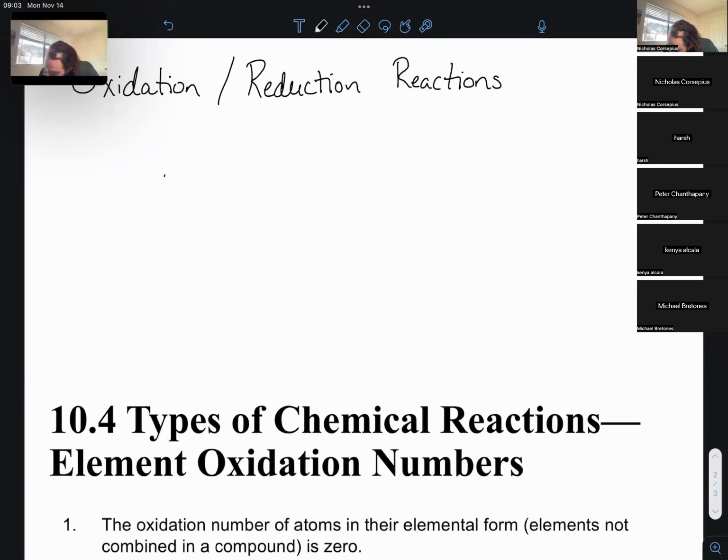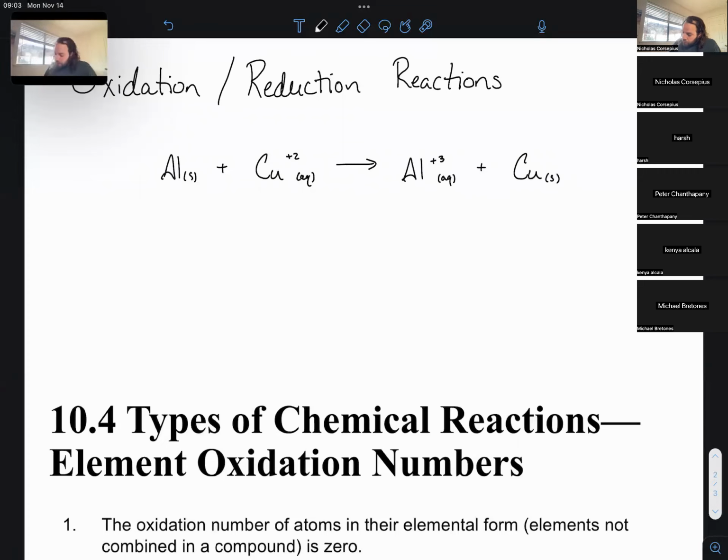We have something like aluminum all by itself reacting with a copper ion and converting into an aluminum ion and solid copper. Okay, so this is a fairly straightforward example.